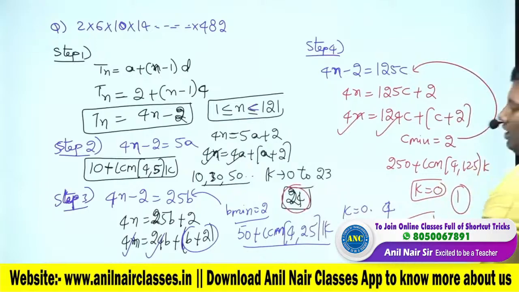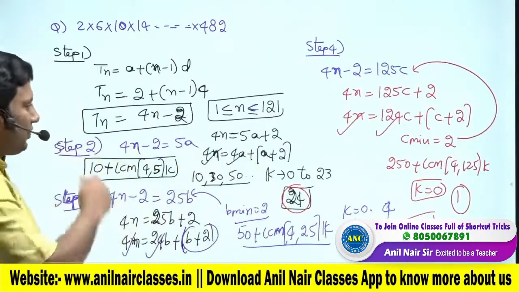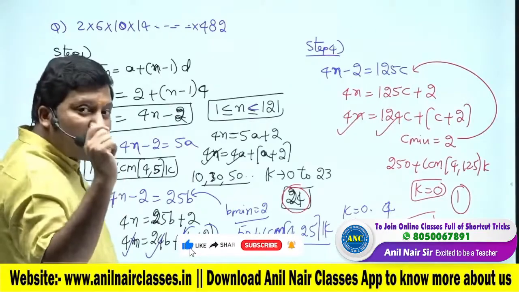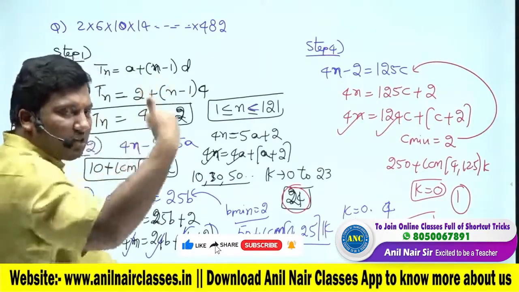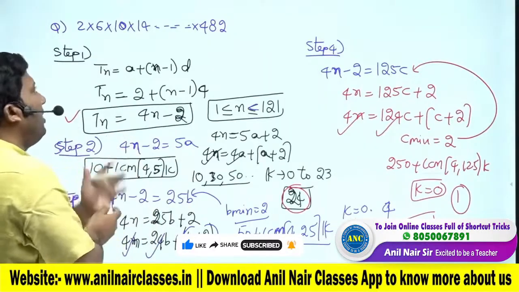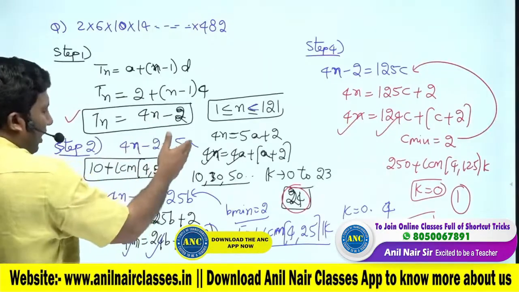What is the number of trailing zeros for this question? Answer is 30. Very, very good question. This kind of question you will struggle with, but it's very easy if you understand the flow chart. First, step number 1 is to find the nth term. Powers of 5 are fewer than powers of 2. Equate it with a multiple of 5.